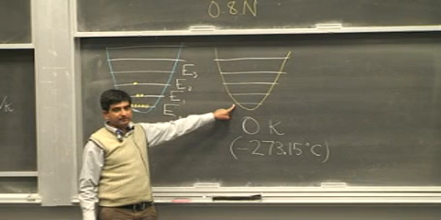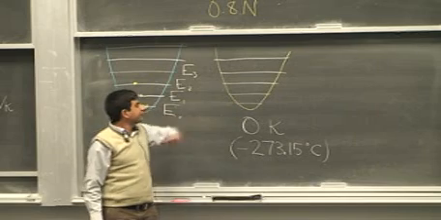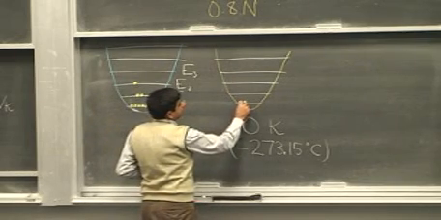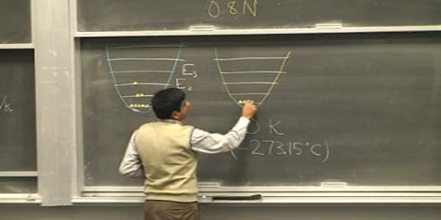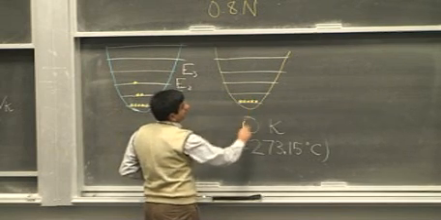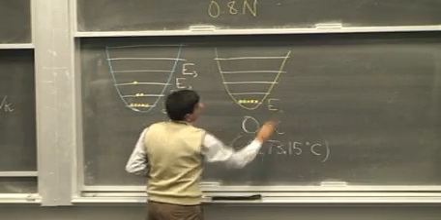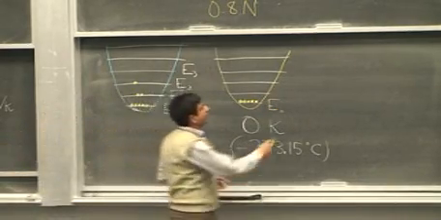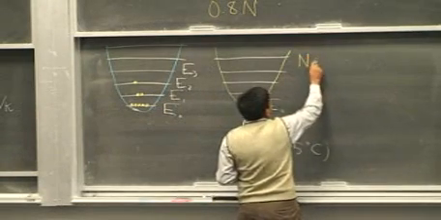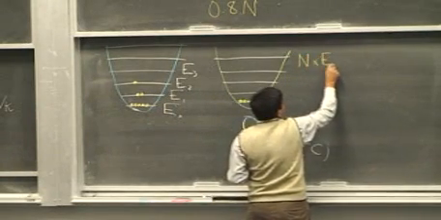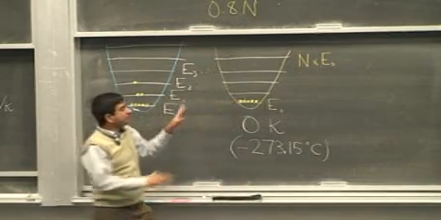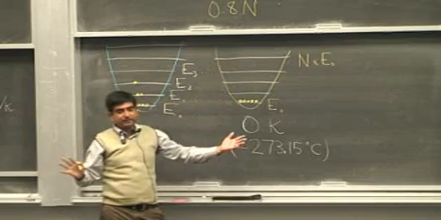Right? Which means that all of the atoms would lie in the state E0. And the total energy of the solid would be equal to the number of atoms n times the ground state energy. And this is a compact way of representing the entire picture.